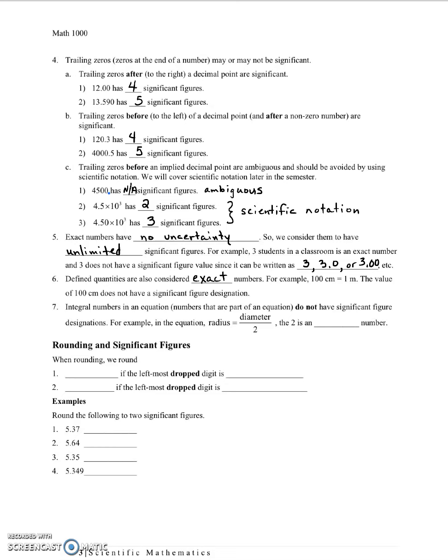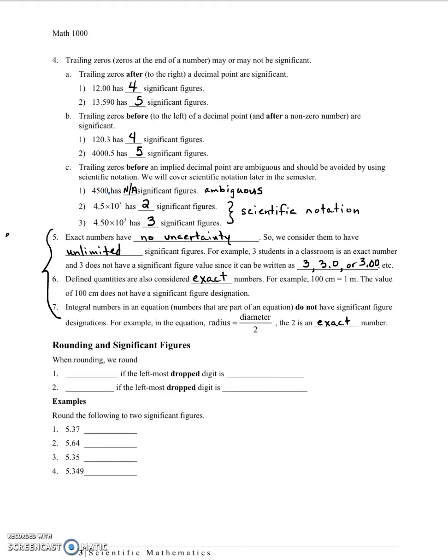So integral numbers in an equation, so numbers that are part of the equation, do not have significant figure designations either. So for example, if we have radius equals diameter divided by 2, that 2 is part of the equation, and that makes it an exact number. Now, why are these exact numbers important?